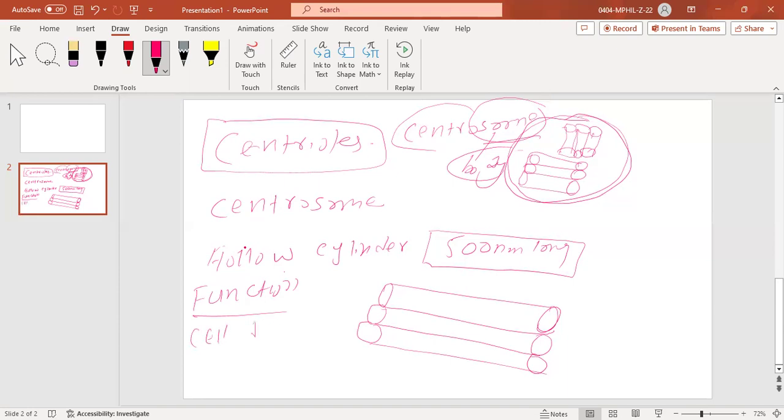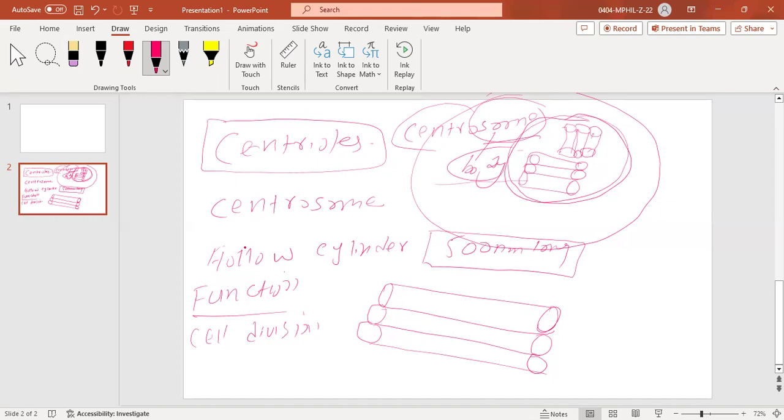As we know, this centrosome is a pair of centrioles. In each cell, a pair of centrioles are present. So for example, here you have a cell in which this centrosome is present, and when this cell is going to divide, this centrosome will disintegrate, and these 2 centrioles will migrate to the opposite poles.